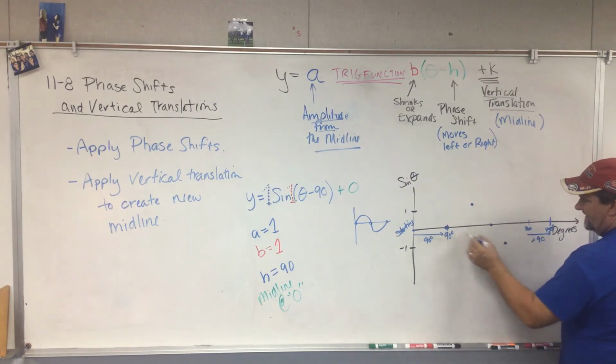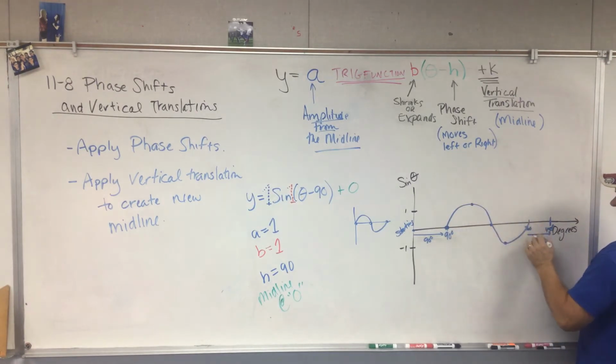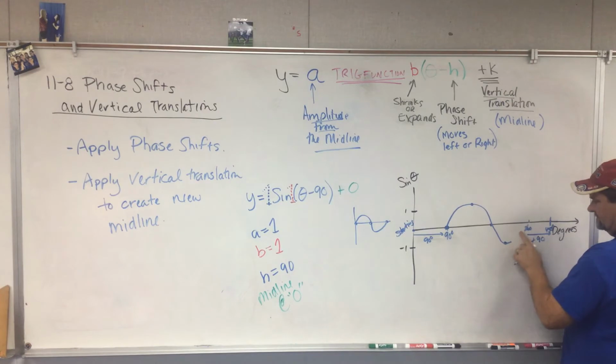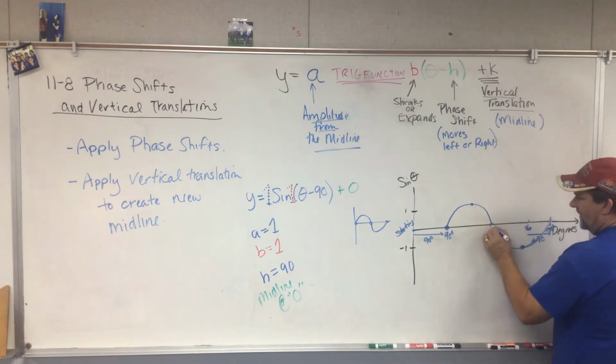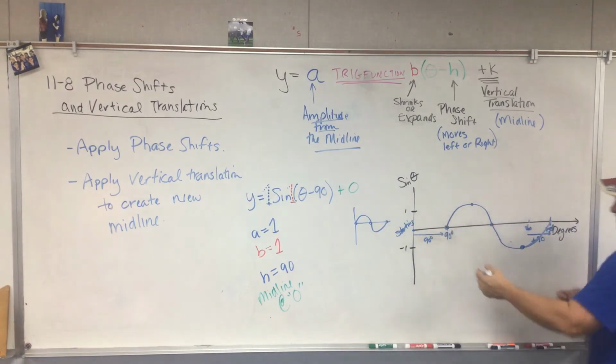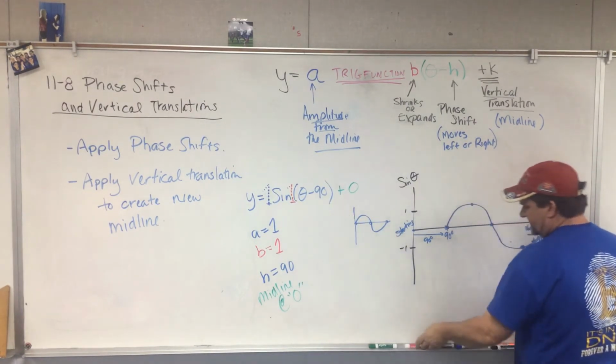The third one's at -1. And now, oops, wrong spot. I messed up. It is here. That's because all the points moved 90 degrees, because it said move it 90 degrees. Our phase shift was 90 degrees.